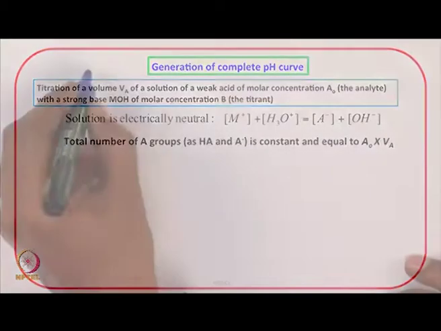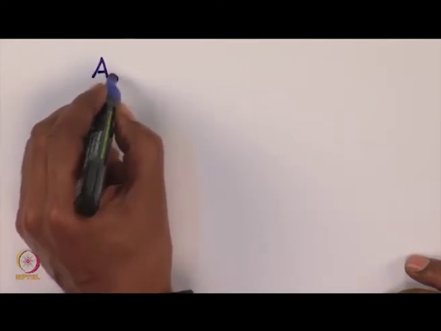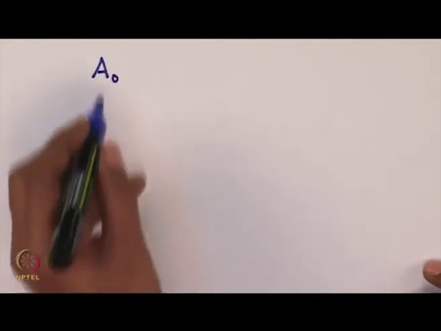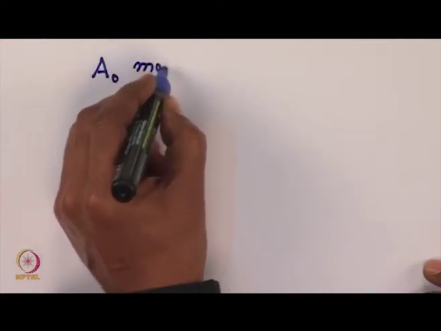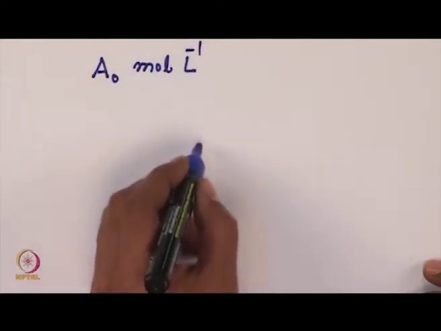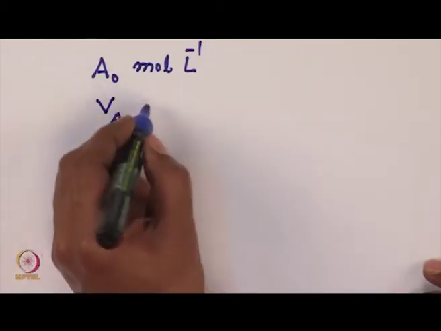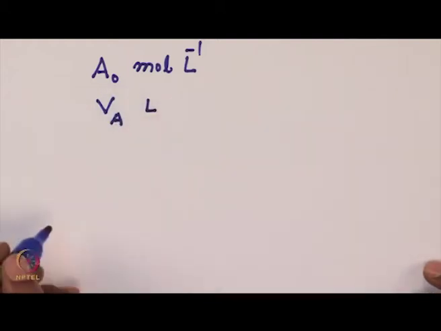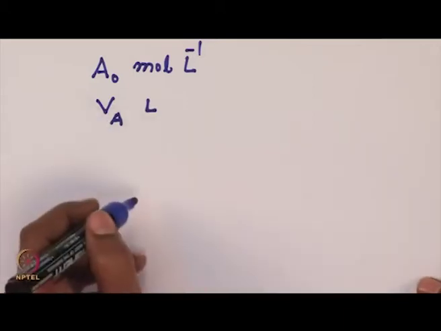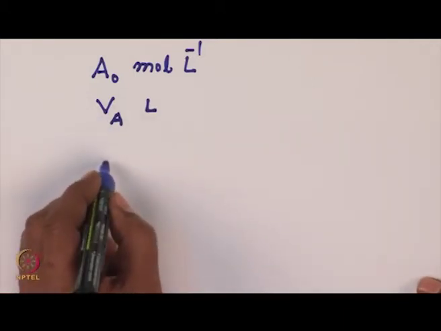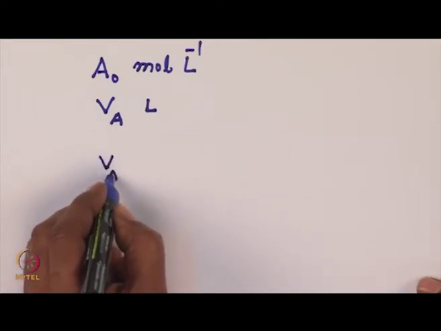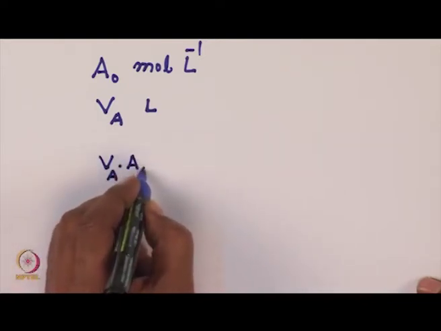The initial concentration was A naught of the acid, and let us say I write this as mole per liter, and we add Va. I can express centimeter cube or liter, whatever volume. So, therefore, the total number of A groups is going to be, you multiply Va into A0, these many moles.